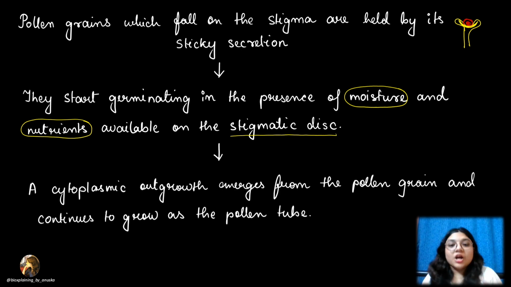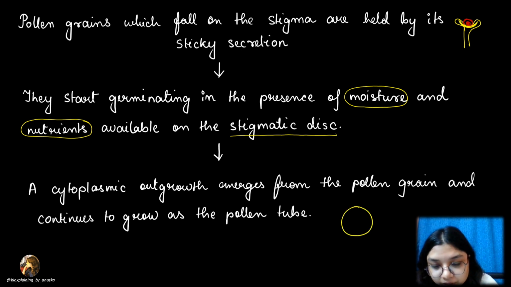Is it good? So what happens is from the pollen grain, a cytoplasmic outgrowth will come out, right? That means say if this is the pollen grain, right? And these are the external coverings we've studied, right? The exine, and this is the intine inside. So what will happen through these gaps, which are the germ pores that are present, a cytoplasmic extension will start coming out.